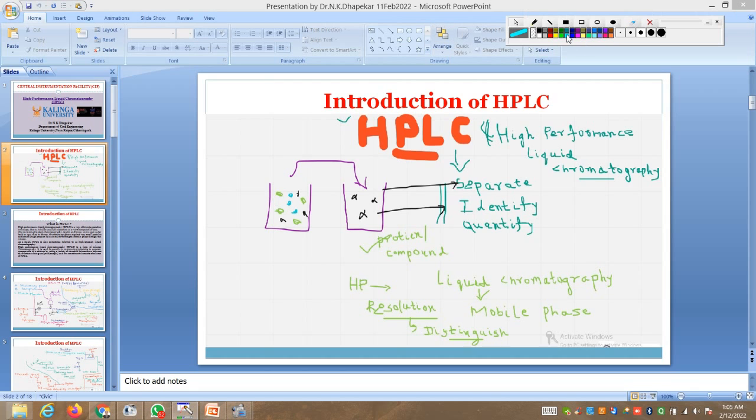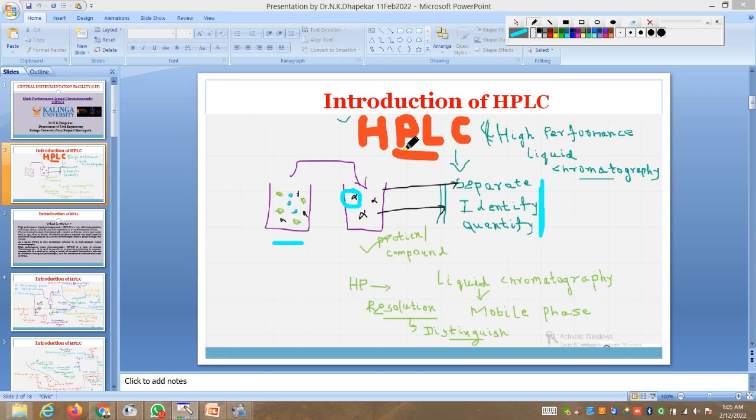See here, suppose let us take an example of a chemical admixture, and in that a few compounds are there. My aim is to study only one compound which is responsible for altering the properties of concrete. Then in that case, I can separate that particular compound, I can identify that compound, and I can quantify that compound.